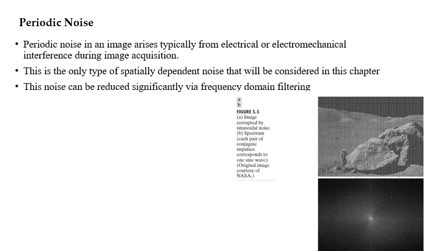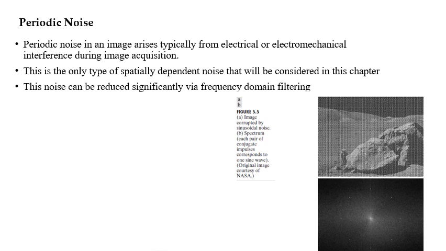When we considered the noise till now, we had an assumption that the noises are usually uncorrelated with the images and also independent of the spatial coordinates. So whatever noise we studied till now was independent of the spatial coordinates and uncorrelated with the image.